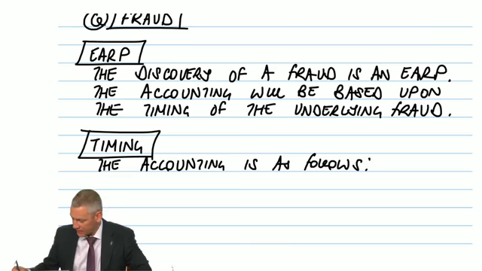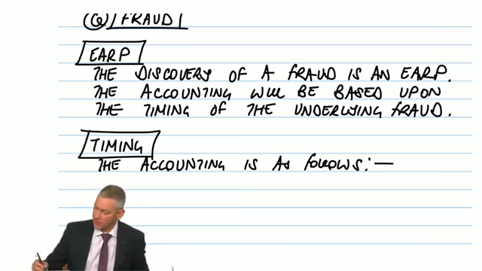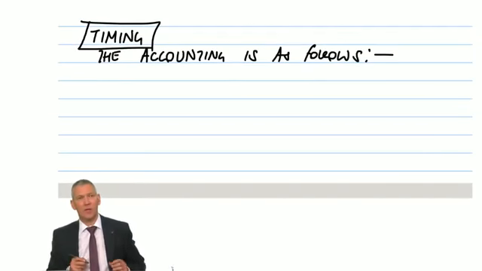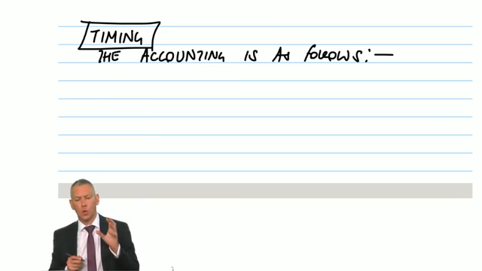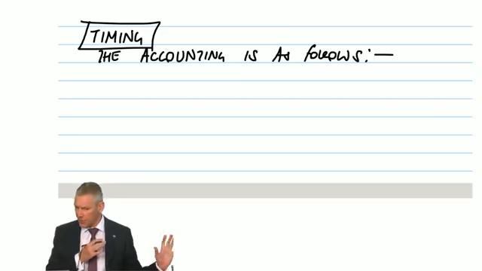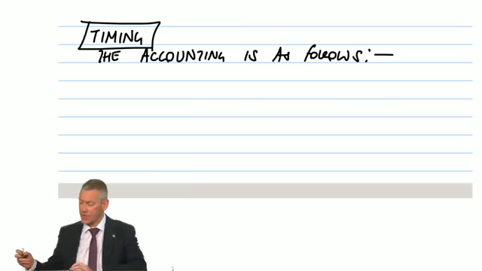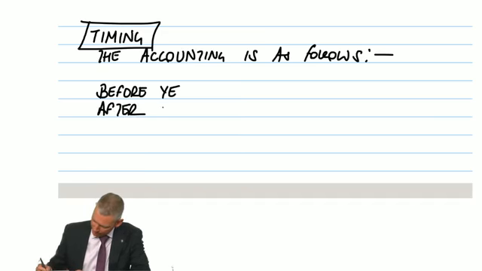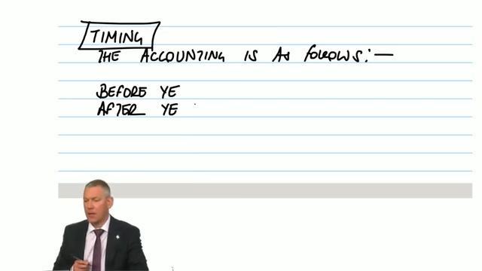Obviously I'm cheating, I've done this question before, so I know what's coming up. And what we have is one thing happening over a continuous period, some of which was before the year end and some of which was after the year end. So we've got before year end and after year end.